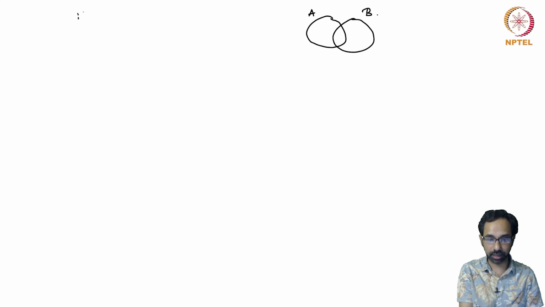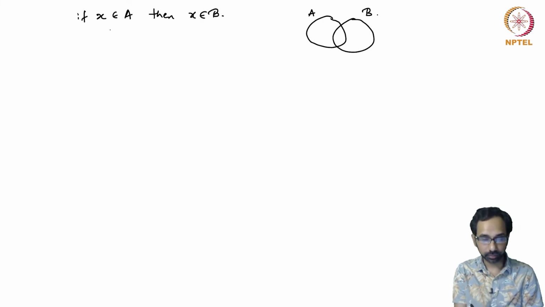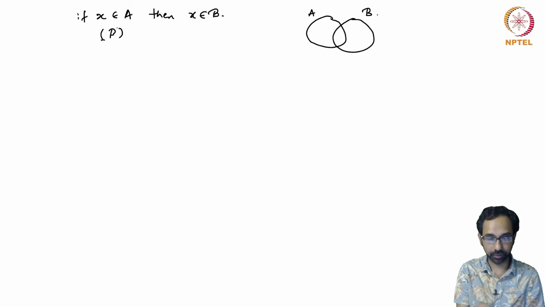So let me give an example where this happens. Suppose that you have two sets. So this is a mathematical example. You have two sets A and B, and our statement is that if x belongs to A, then x belongs to B. So the first part is P, and this is our Q, the second part.